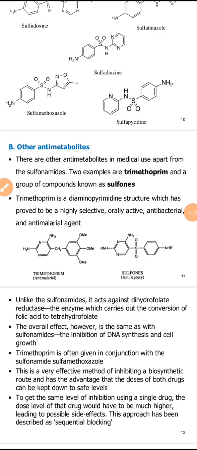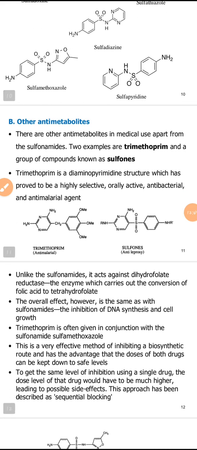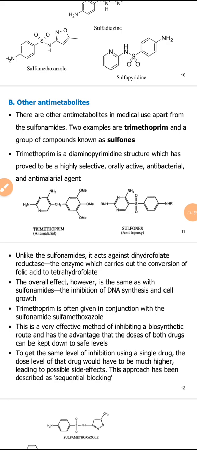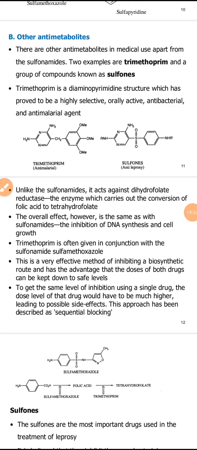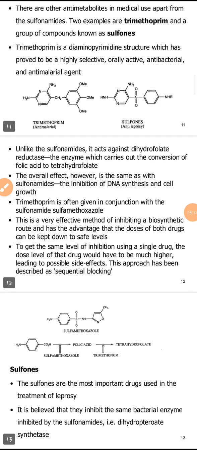Also, we have other anti-metabolite compounds like trimethoprim. This is an anti-malarial compound. Also, we have sulfones, which are anti-leprotic agents. These are also used as anti-metabolites. They antagonize the metabolite which is responsible for formation of folic acid in bacteria.